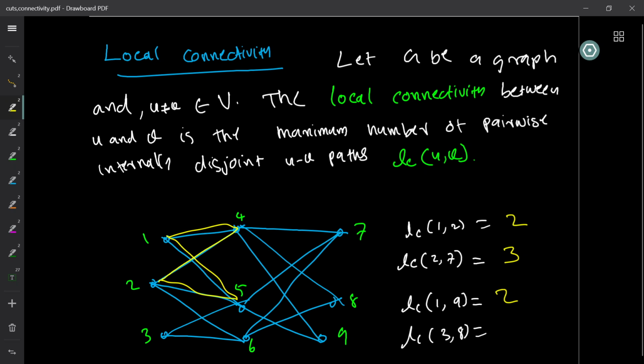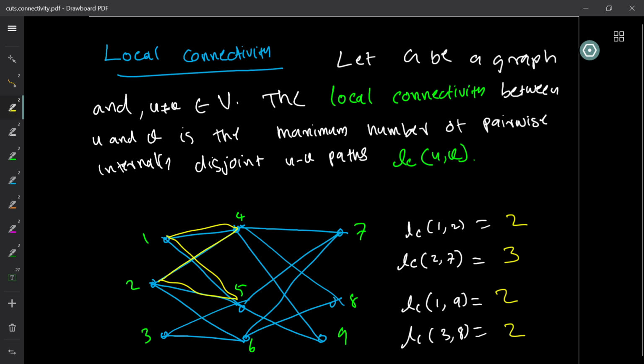So you can look at any pair and ask what its connectivity is, and that tells you this number.